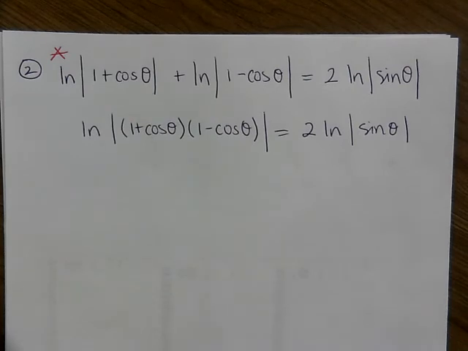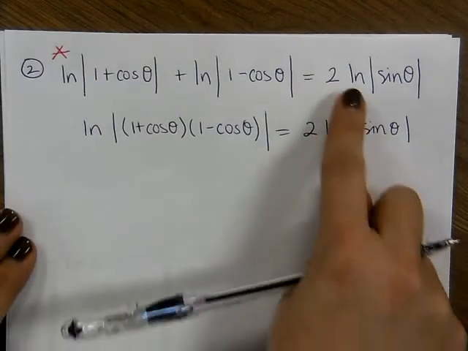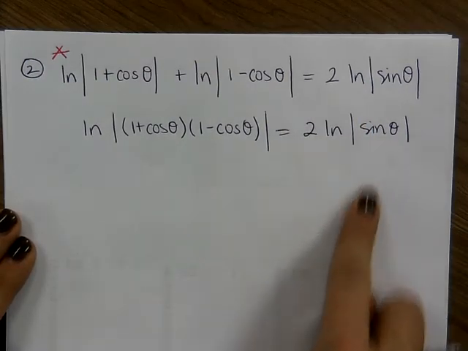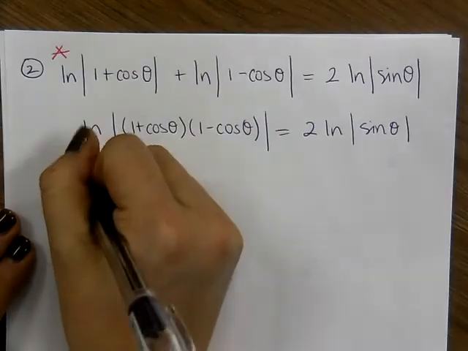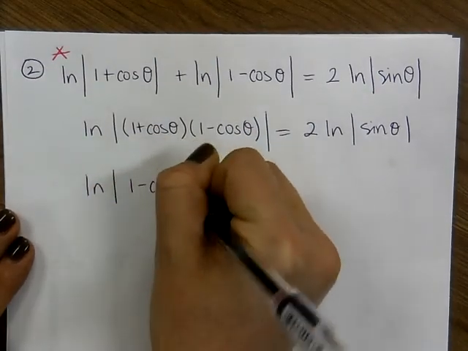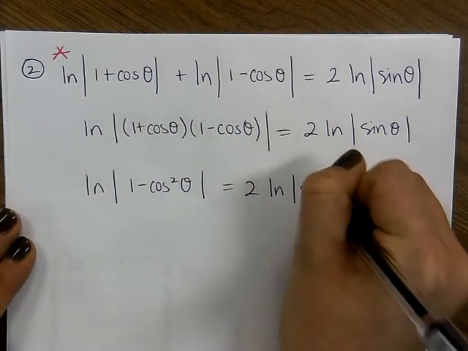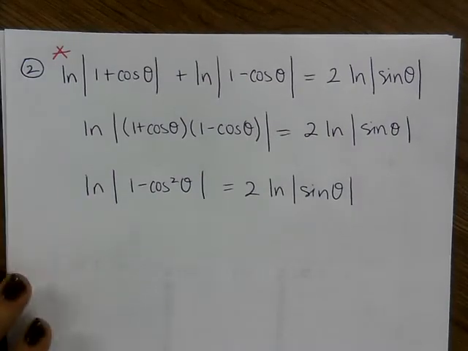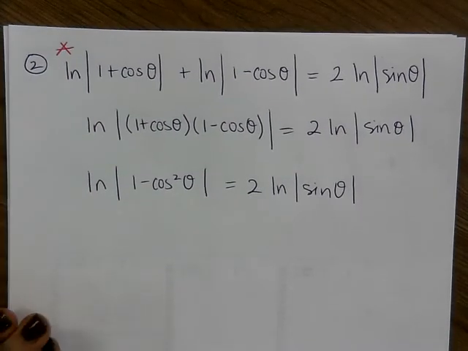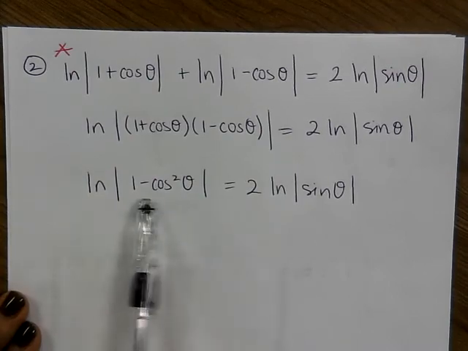Okay, so now what did you do? Did you multiply those? Excellent. Do you have equals to natural log of sine of theta in every step? Okay, so now we have natural log of 1 minus cosine squared of theta equals to natural log of sine of theta. All right. Now where'd you go? This is equal to sine squared, isn't it?